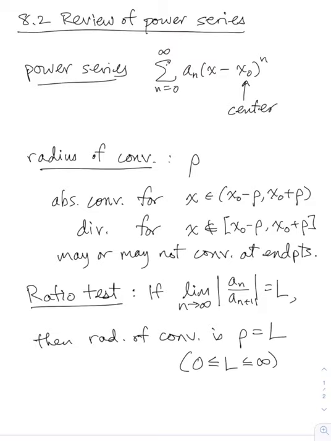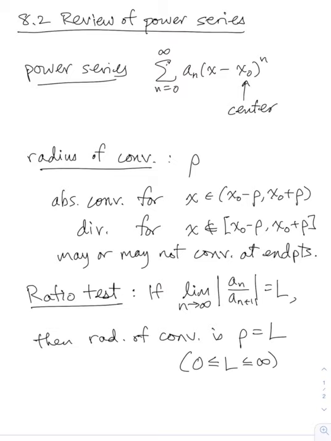A radius of convergence of infinity means that the power series is absolutely convergent no matter what x value you put in. And a radius of convergence of 0 means that it is divergent for every x value except x0. Notice that if you plug in x0 for x in a power series, then what do you get?